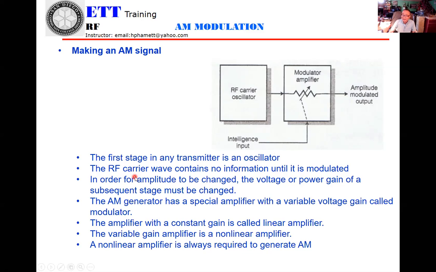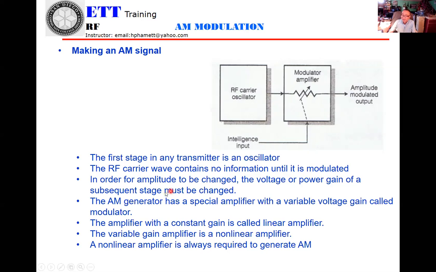The RF carrier wave contains no information until it is modulated. That means the signal output of the oscillator has nothing to do with your voice. Okay? The only thing that happens is after they modulate it.